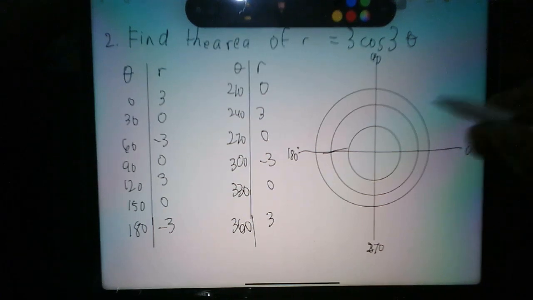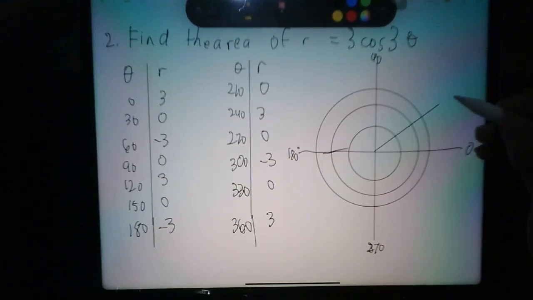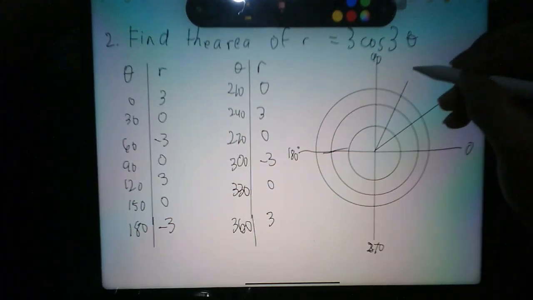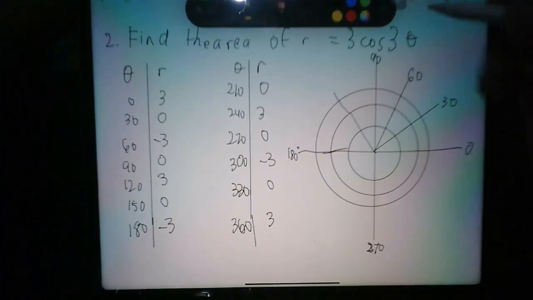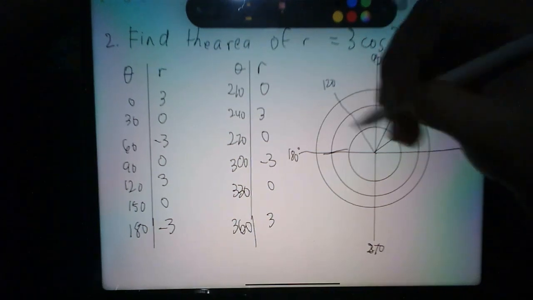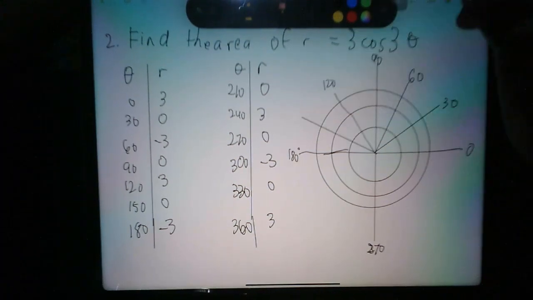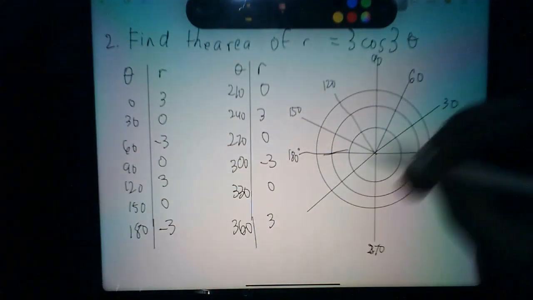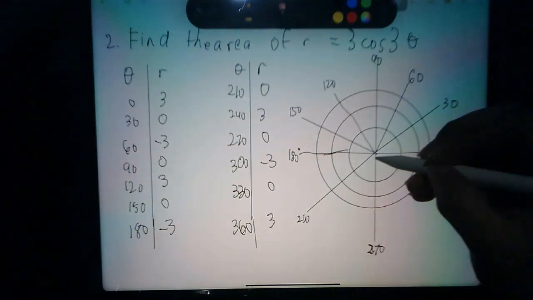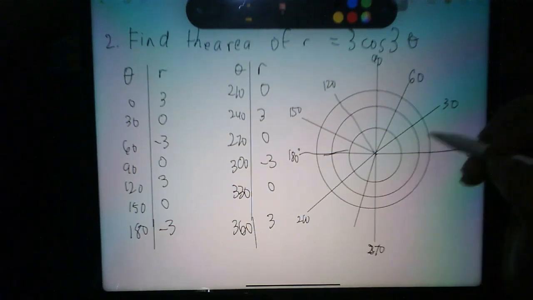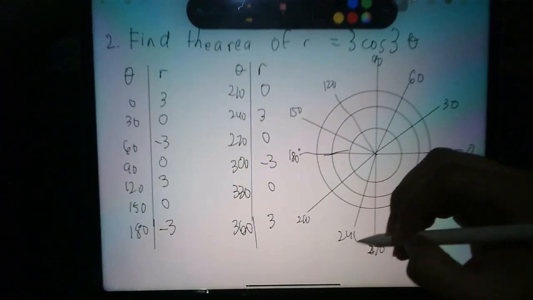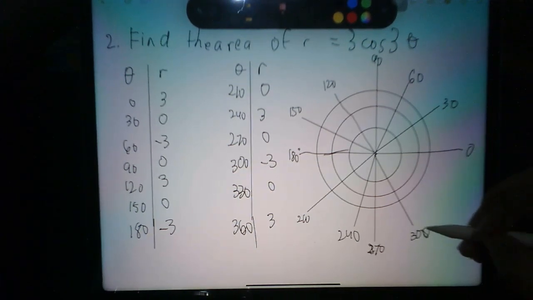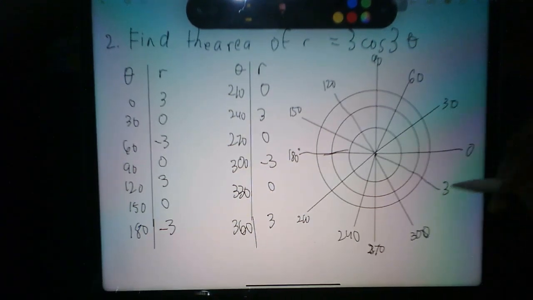Now we need to form here 30, 60, 120, 150, 180, 210, 240, 300, and 330.